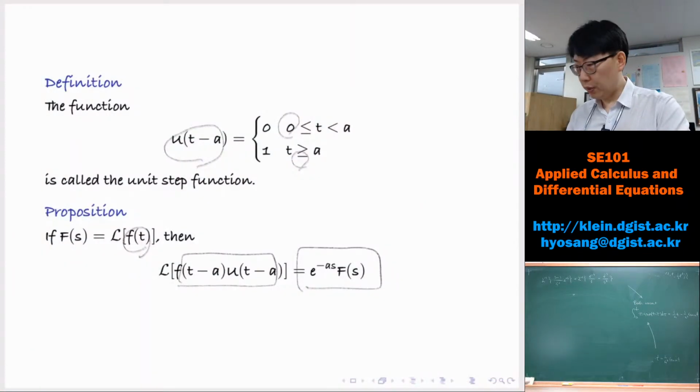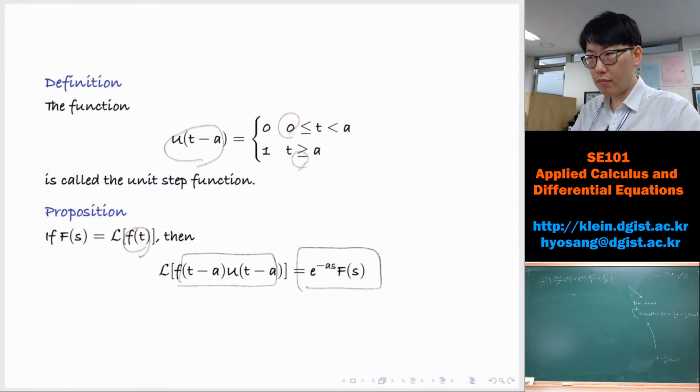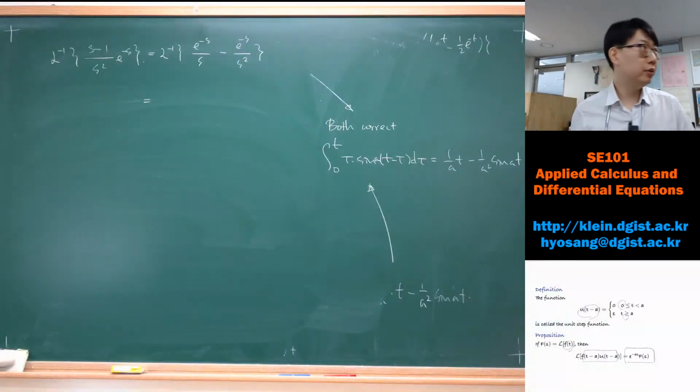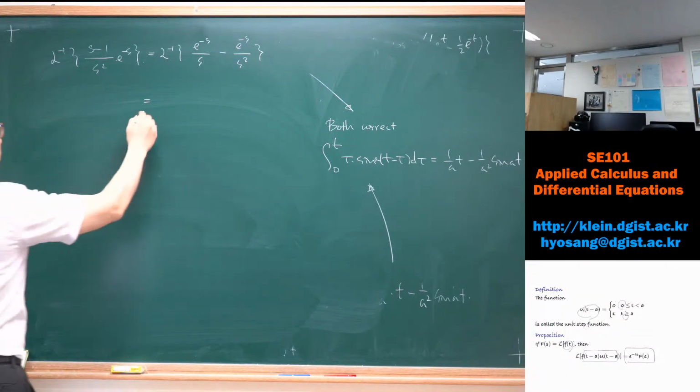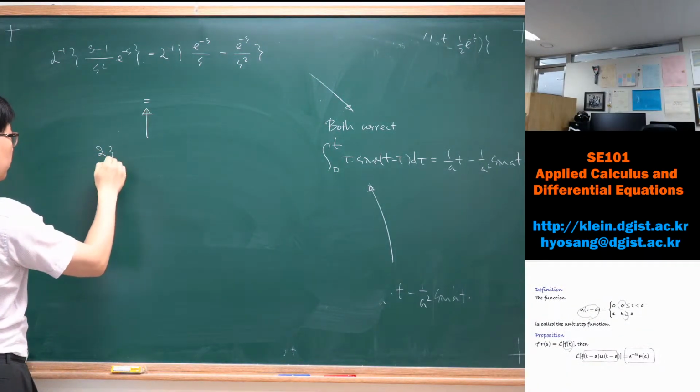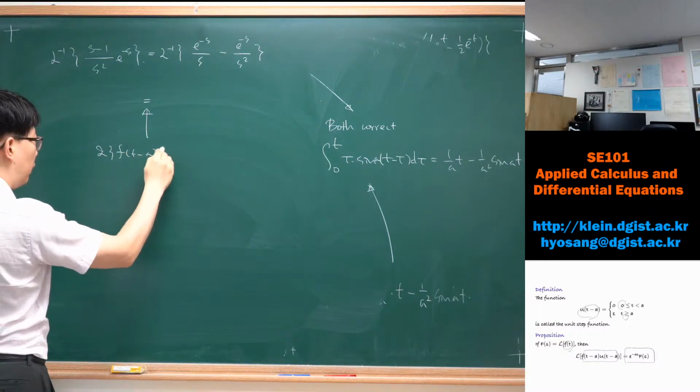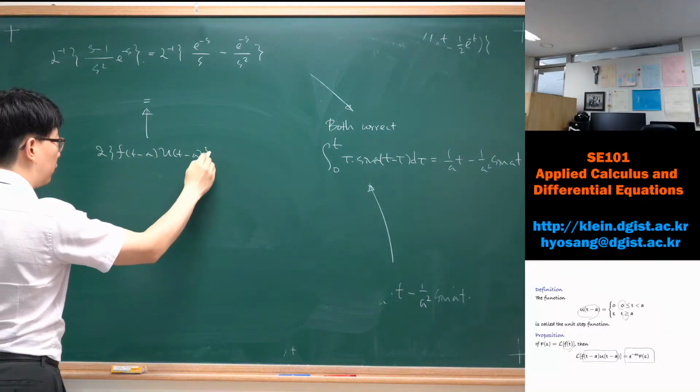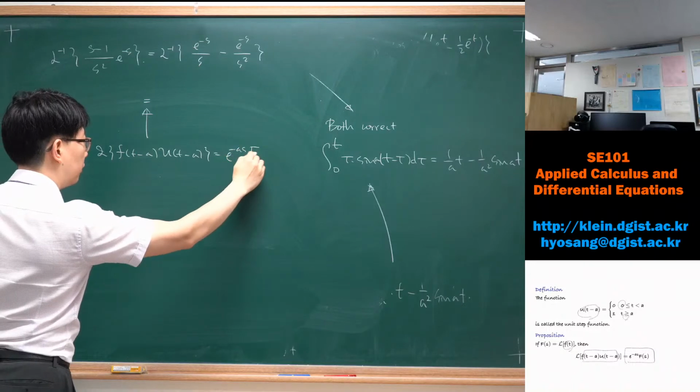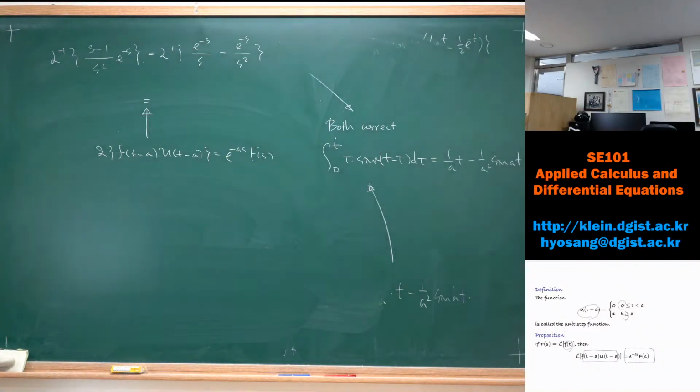So if you're looking at this formula, whenever you have e to the negative as applied to some function of s, then you have to consider that the original function is multiplied with the unit step function, right? So let's use this. Laplace transform of t minus a times u of t minus a is e to the negative as times F of s.